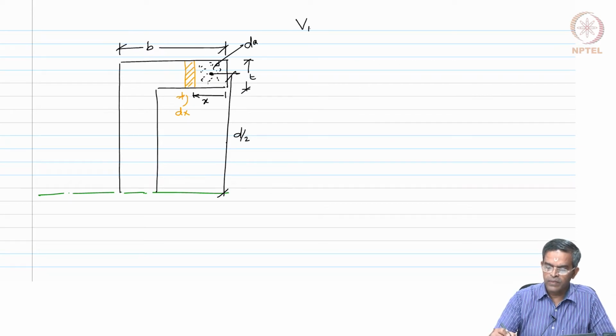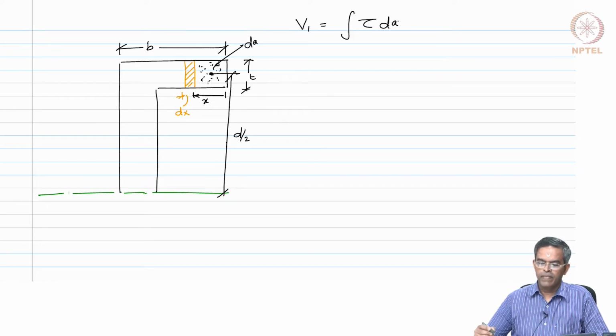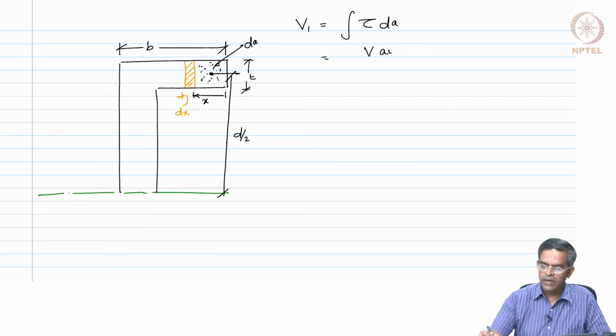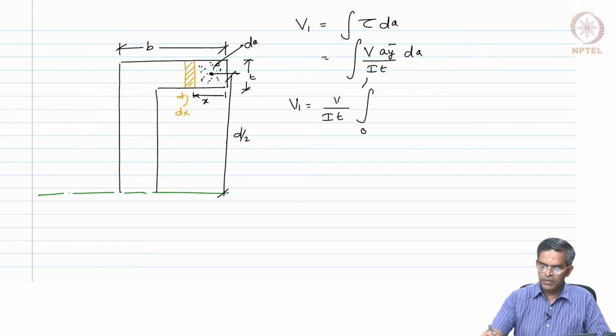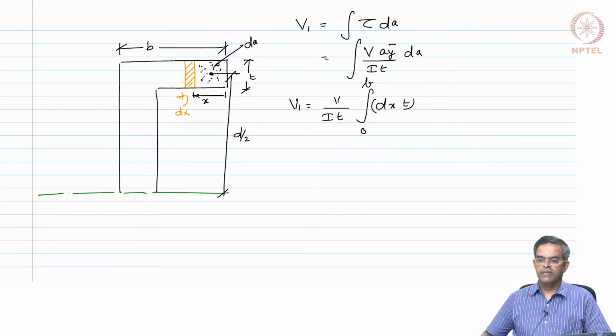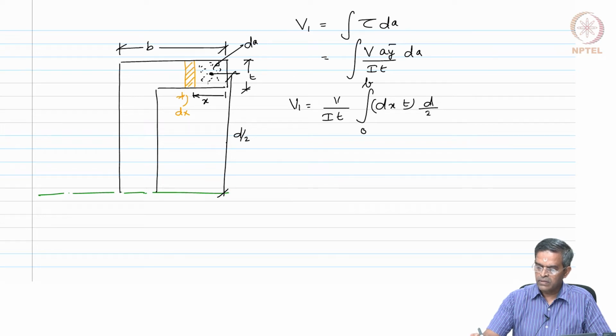So, now let us write V1 will be integral tau dA, which is VA y bar by It of dA integral. I want to find V1, which will be V by It integral 0 to B, dx into t is my dA, y bar is D by 2, and the area of this is x into t, am I right?